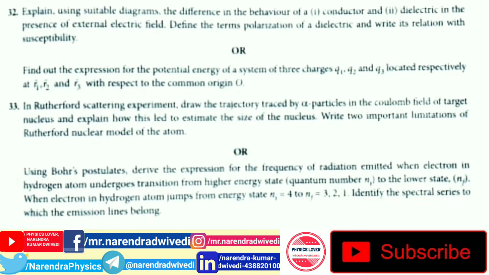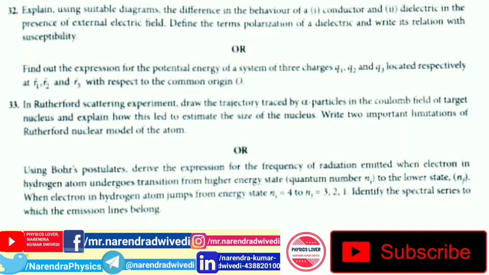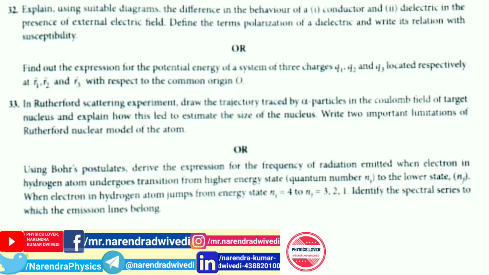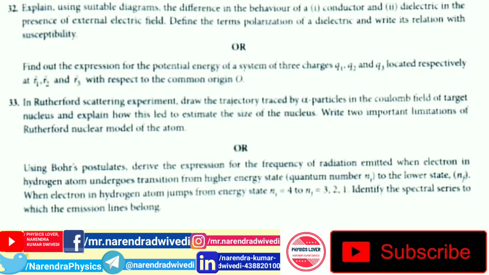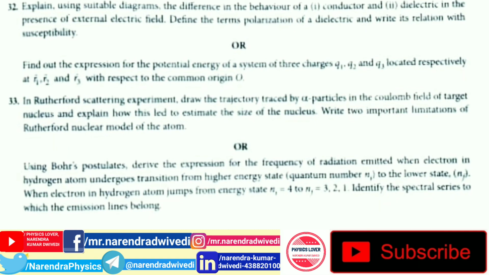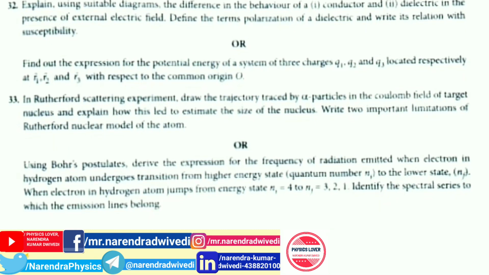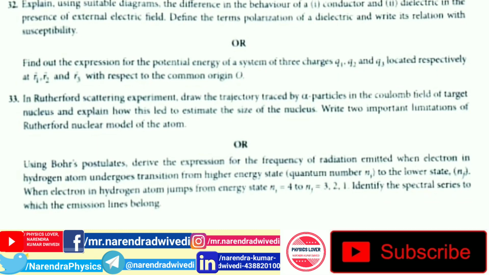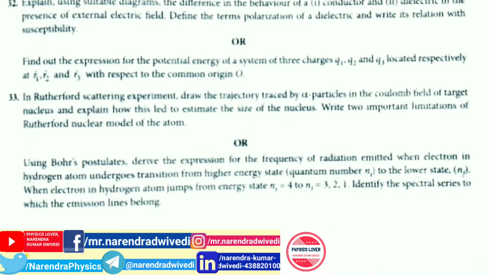Write two important limitations of the Rutherford nuclear model of the atom. Or, using Bohr's postulates, derive the expression for the frequency of radiation emitted when an electron in a hydrogen atom undergoes transition from a higher energy state, quantum number n_i, to a lower state n_f.